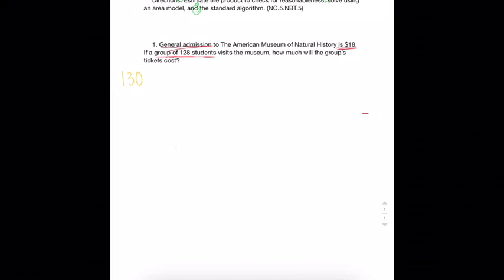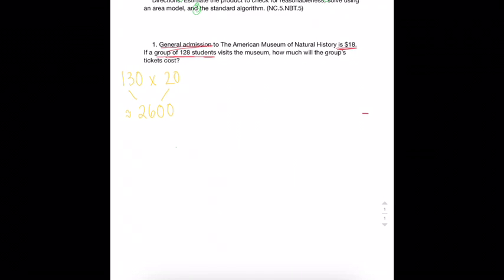It's important to note that both of these numbers we've rounded up. So our estimate is actually going to be a little bit more than the actual product when we do the math. I know that 13 times 2 equals 26, and then I can just add my 2 zeros there, and so my estimate is actually going to be $2,600.